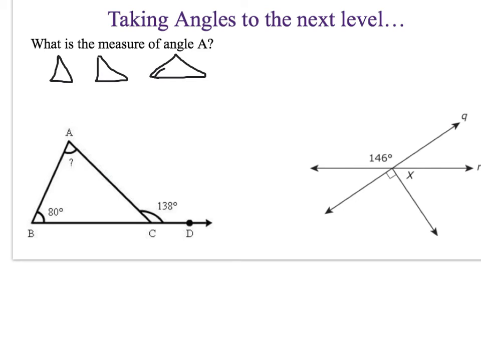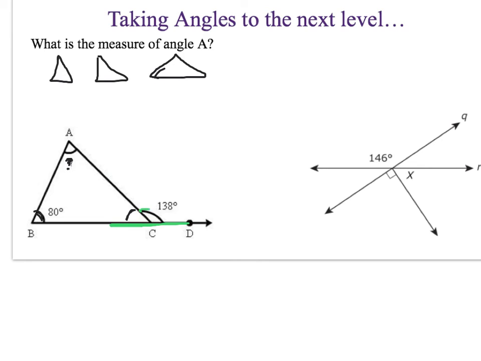So here I'm looking for angle A, this missing angle. Well, I already know this is 80. If I knew this angle right here, then I could figure out this missing angle since I know the total triangle is 180. I can figure out angle C because I see that right here is a straight line, and I see two angles.